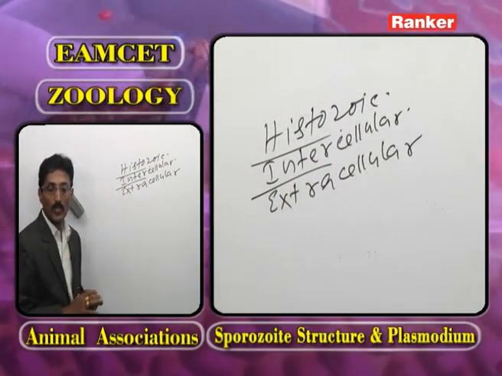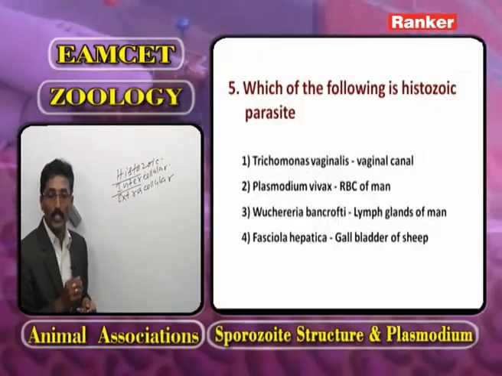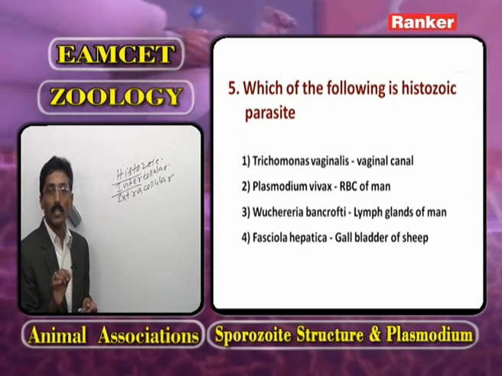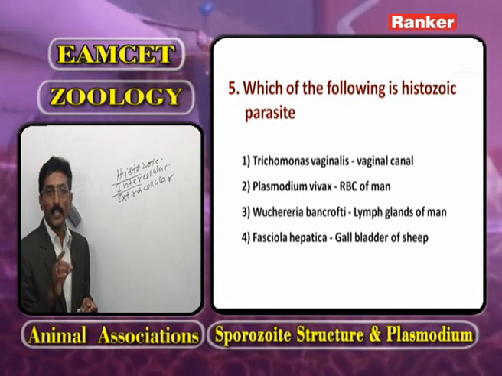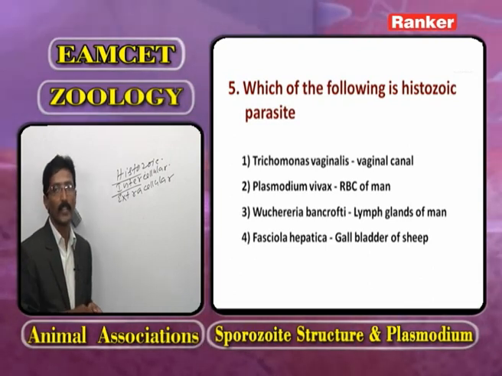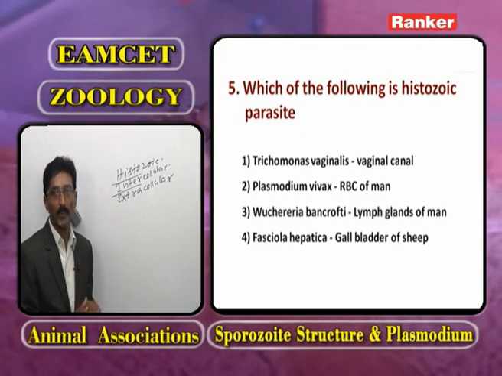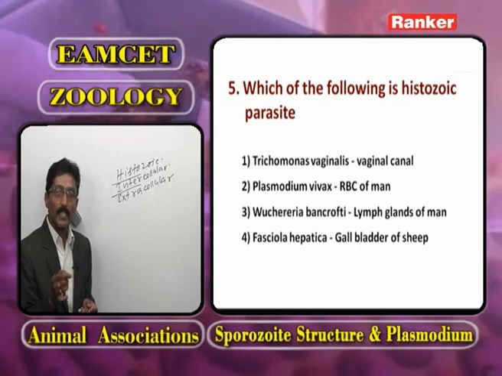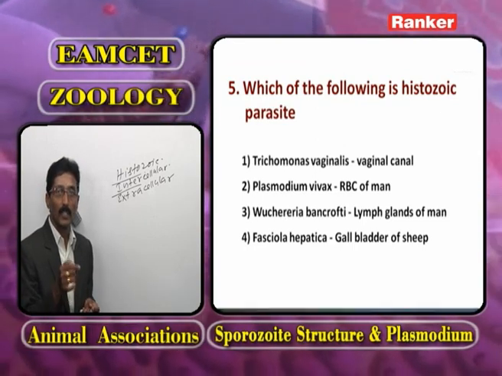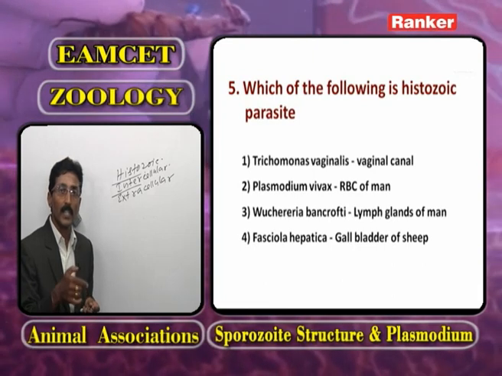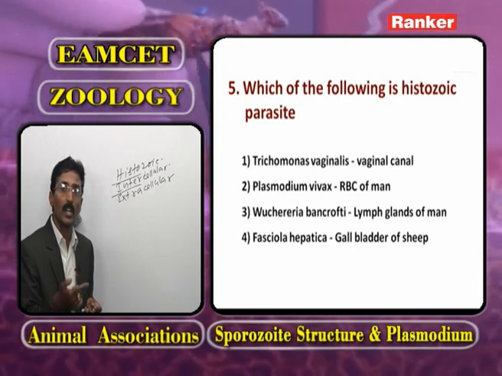Now what is the question? Which of the following is a histozoic parasite? One example is Trichomonas vaginalis. Trichomonas vaginalis lives in the vaginal cavity, so it is a coelozoic parasite. The second one, Plasmodium vivax, is in the RBC of man. That means it is inside the cell, so it is called cytozoic or intracellular.